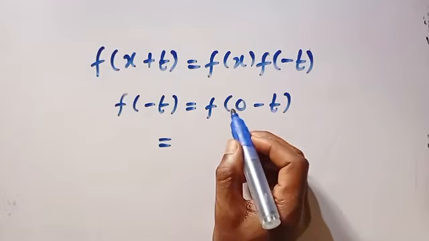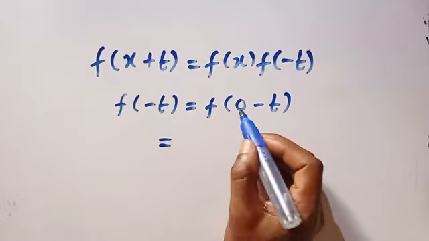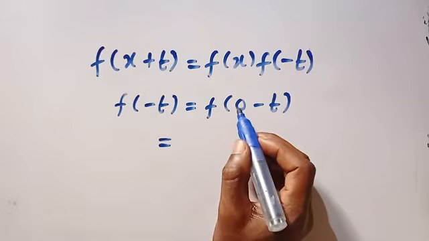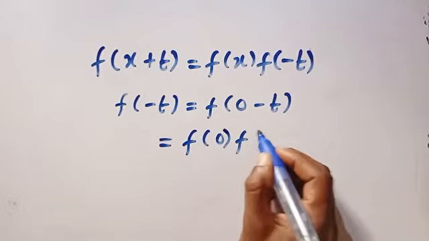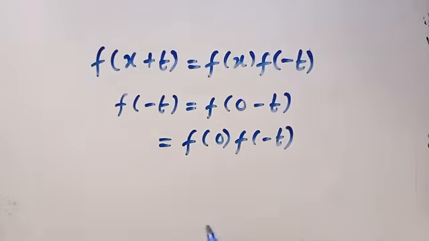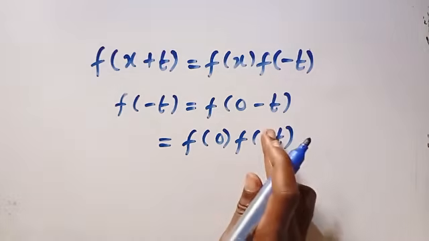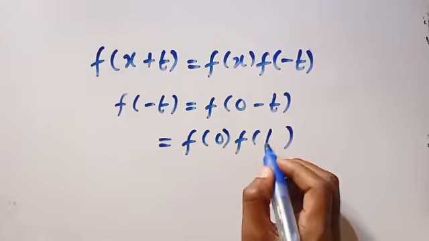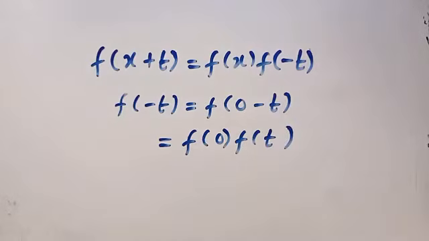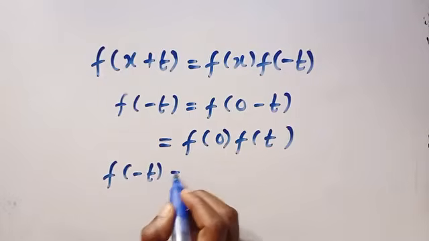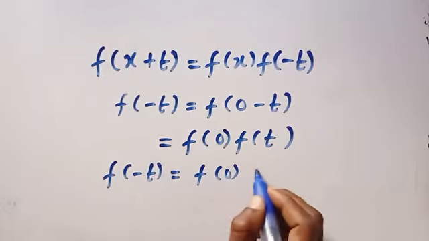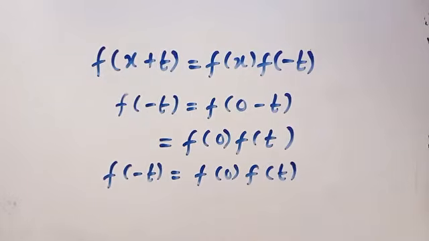Since we have f of minus t as f of 0 minus t, we can consider 0 here as x, so that we have f of 0 multiplied by f of t. From the given question, so we have f of minus t equals f of 0 multiplied by f of t.